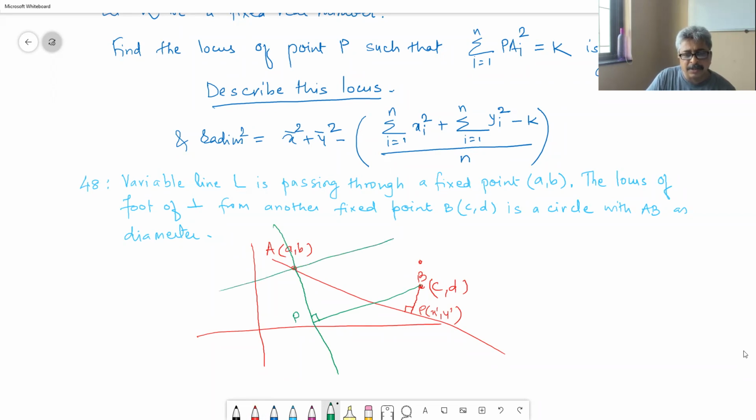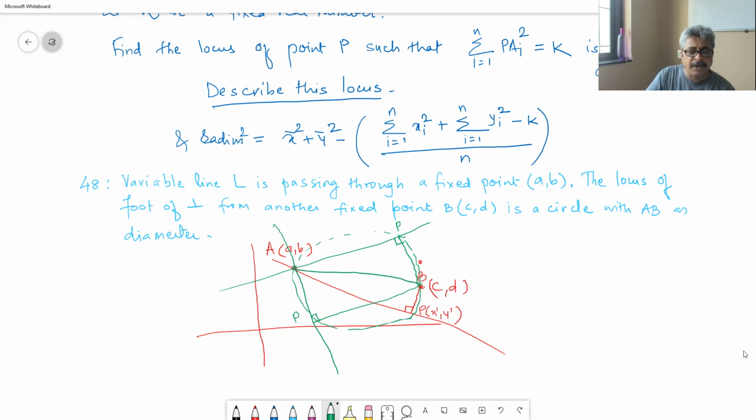If the line is like this, it's going to be here. This angle APB is always going to be 90, and therefore that locus is going to be a circle with AB as a diameter.